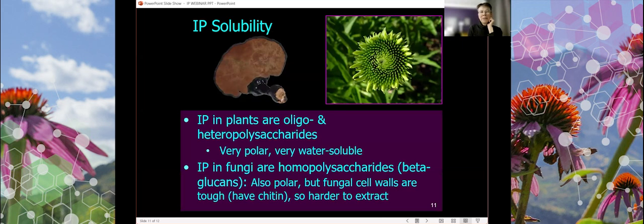The reason is that, especially with reishi, those shiny triterpenes have very low solubility in hot water. So when you do your hot water extract of reishi, you're pulling those immunomodulating polysaccharides out, or from any other mushroom, but you're not getting very much of the triterpenes.